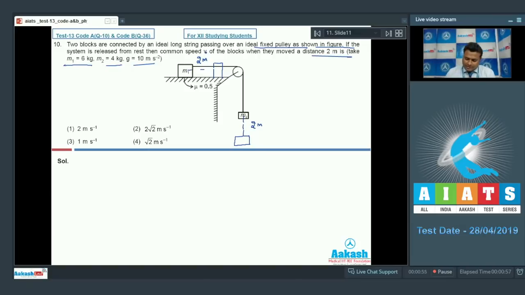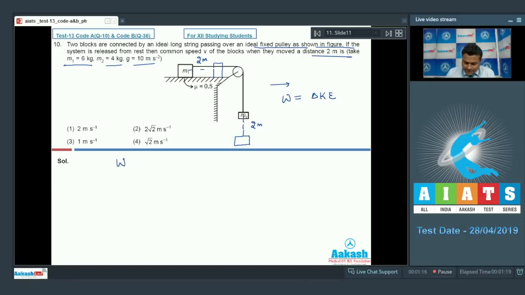Now let us apply the work energy theorem. The total work done is the change in kinetic energy. Total work may be done by conservative force, by non-conservative force, or by external force.